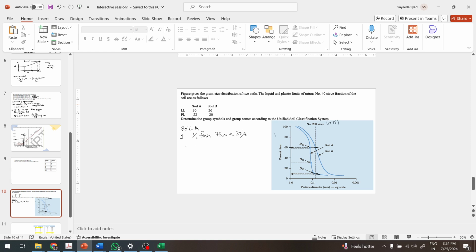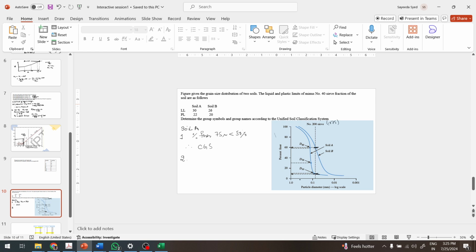So this is coarse grained soil. Second thing that we have to check is sieve number 4, which is 2 mm.